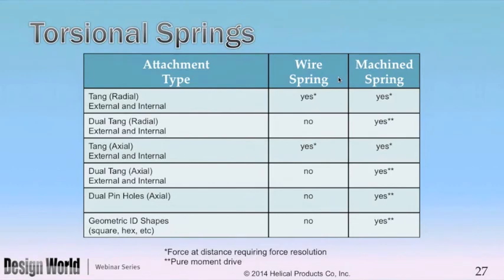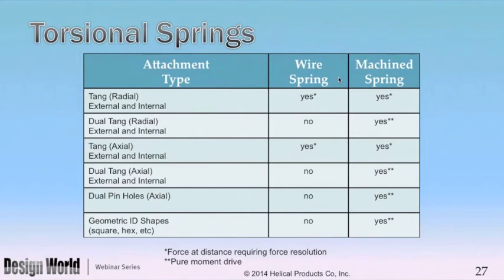In the machine spring, you can have all those. You can have these tangs, and they can be just machined items, and they have to stand on their own as far as strength is concerned. If there's an axial tang, which is also available from wire, in fact, I worked with one just today, they're readily available in the machine form also.